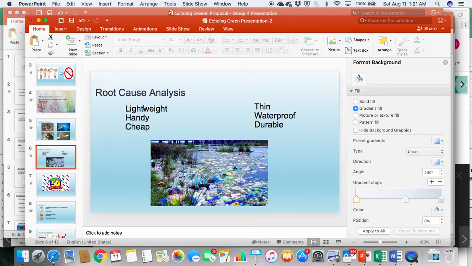So what does lightweight, handy, cheap, thin, waterproof, and durable have to do with a picture of a lake with a hell of a lot of pollution and plastic bags? It seems as though this picture relates to the last point, or this is just titled wrong. But the bigger issue is these six words don't match this photo. It really doesn't.